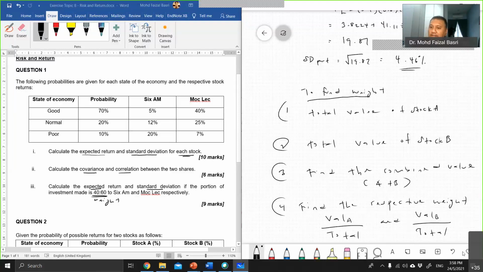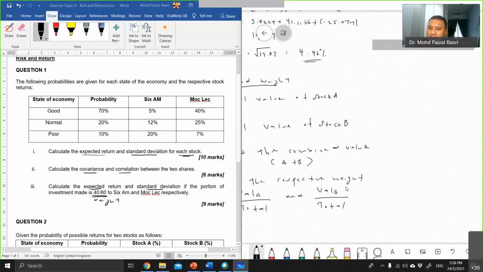Okay, simple explanation. If my stock A is 25,000, my stock B is 75,000, so my combined 75 plus 25 is 100,000. So my weight for stock A would be 25,000 divided by 100,000, which is 25%.